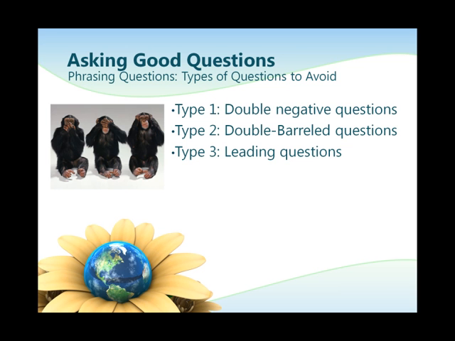If you have, for example, the fixed alternative questions, instead of having, will you vote for President Obama in the 2012 election, check yes or no, you would say, which of the following candidates are you most likely to cast your ballot for? President Obama, Sarah Palin, Mitt Romney, or Mike Huckabee, whatever.